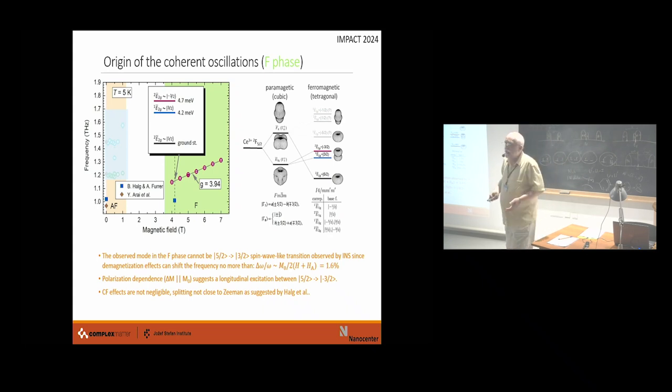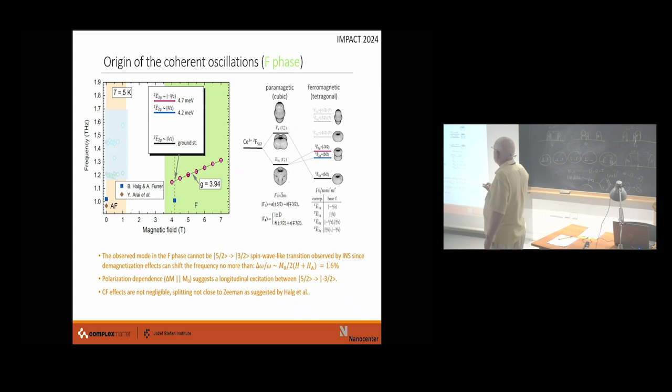And displacive excitation is quite constrained in terms of symmetry. Basically, you can only excite modes which have the same symmetry as the ground state. And then if we look at the possibilities, we see that the ground state, which is 5-half, should have 2 E bar 2G symmetry, and there is another state, minus 3-half, which has the same symmetry. So this naturally leads to the conclusion that the oscillation that we see must be minus 3-half dominated.